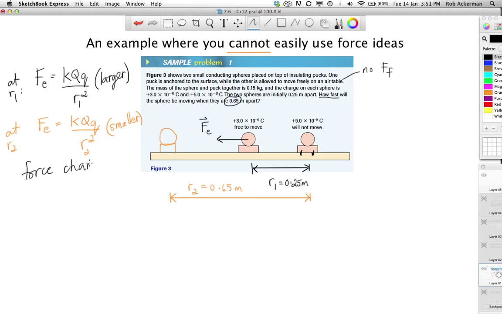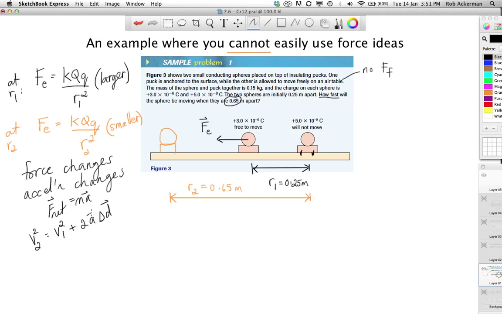And so as the puck moves along, the acceleration changes, because as we know, F net equals ma. This means that if you were thinking, oh, movement through a distance, speeds, velocities, maybe I'll use this formula, v2 squared equals v1 squared plus 2a delta d.